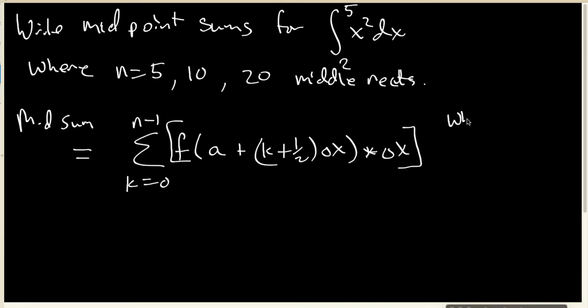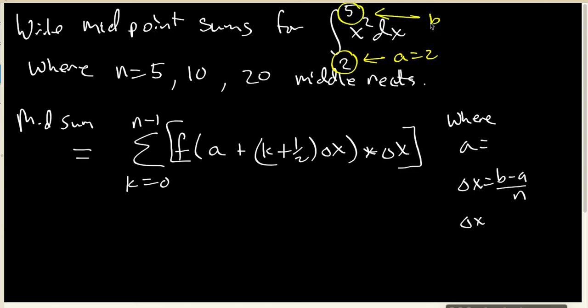Now I know that a is going to be something and delta x is b minus a over n, so delta x is something. And these things come directly off of the integral. The bottom endpoint gives me the a, and the top endpoint gives me the b. So a is going to be 2, and delta x is going to be 5 minus 2 over n. It's going to be 3 over n.